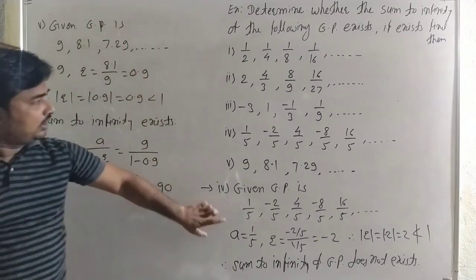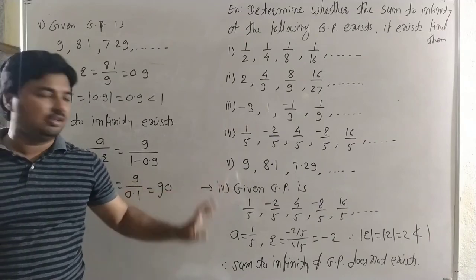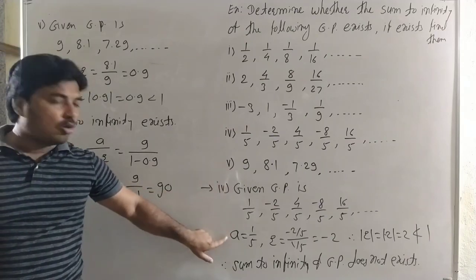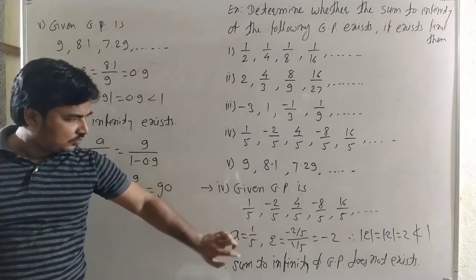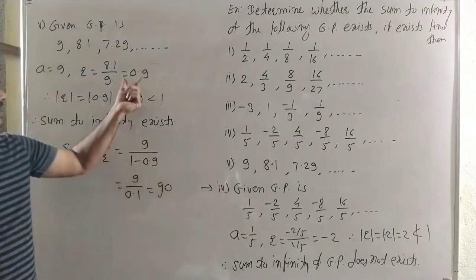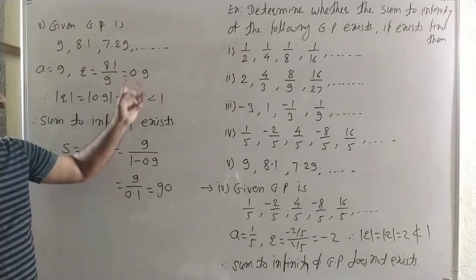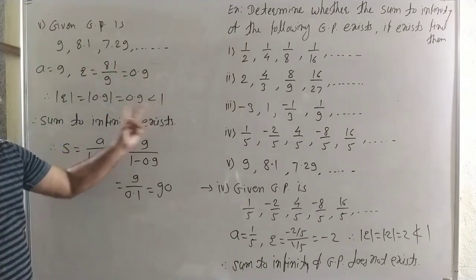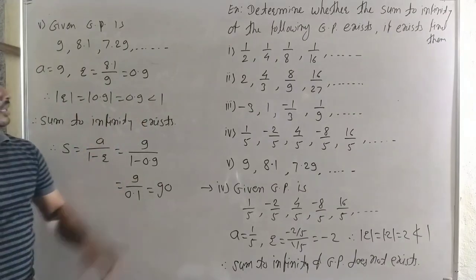See carefully: only in example number 4 does the sum to infinity not exist, because there mod R is not less than 1, mod R is greater than 1. In the others, R is positive and clearly less than 1, so the sum exists, and this is the sum.